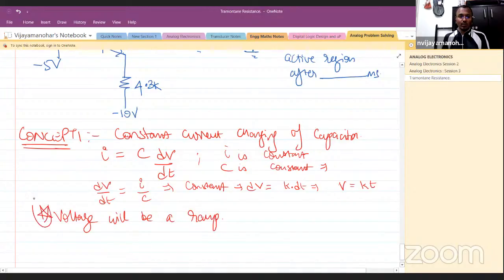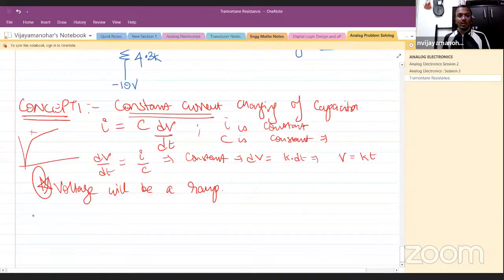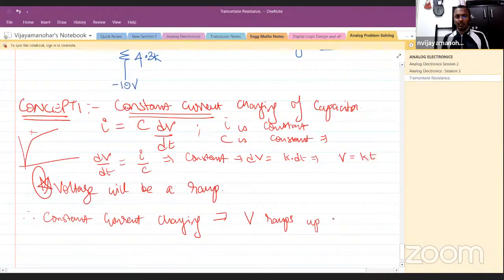Please note, many people get confused whenever they think of charging the capacitor. That is the waveform of the capacitor when it is charged with constant voltage. Here I am charging with constant current. So with constant current charging, V ramps up across the capacitor.